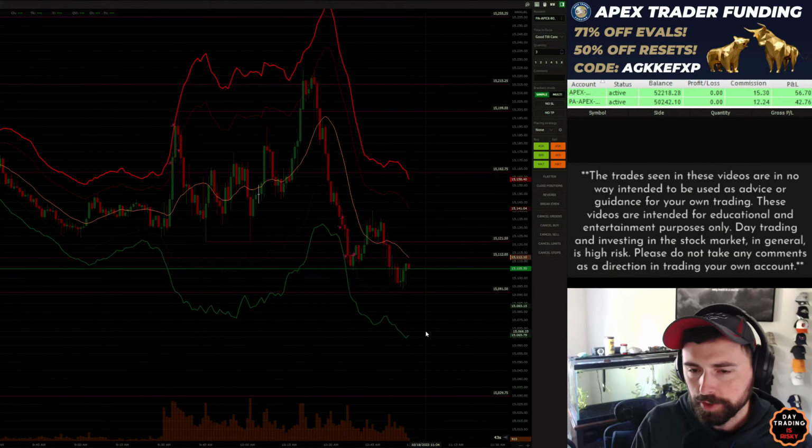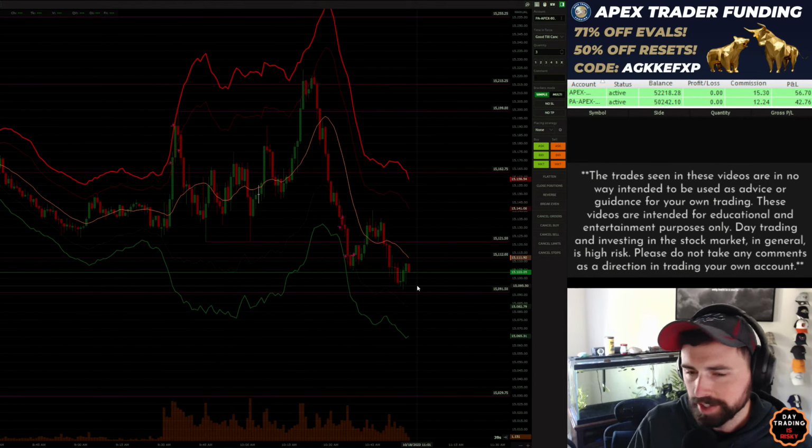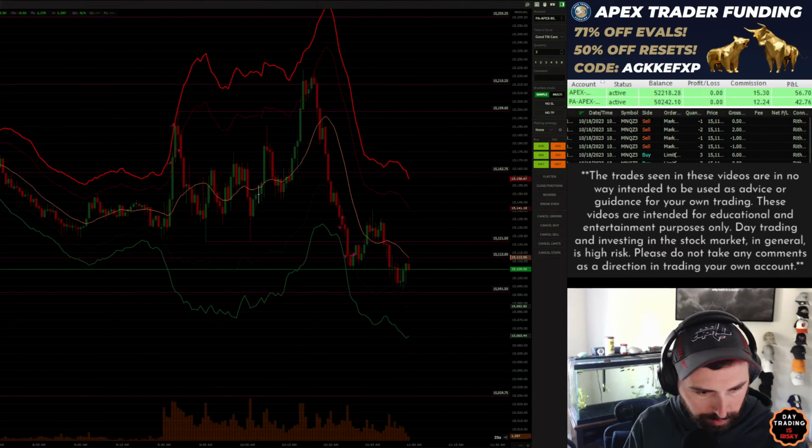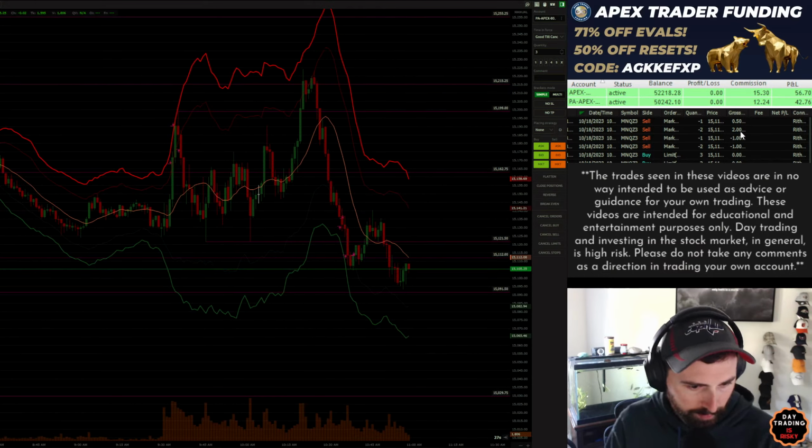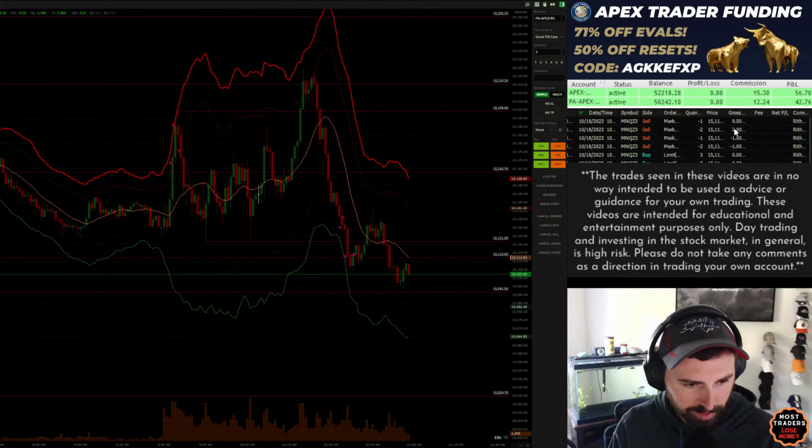Yeah, so the copier, it's just triggering the same orders at the same price. I've had no issues with it. Like on that last trade where I hit flatten, I ended up making looks like $2.50 on the eval, but I lost $2 on the funded account.